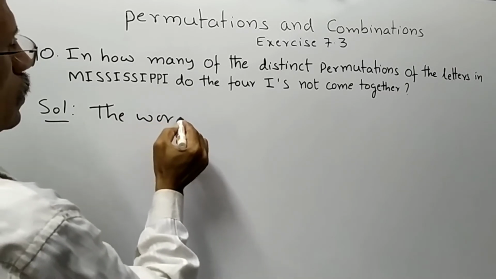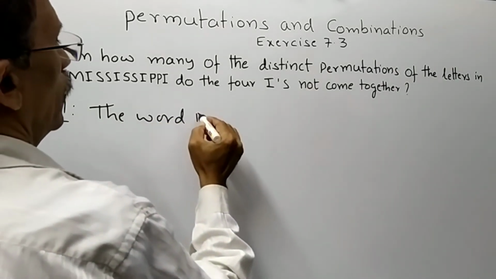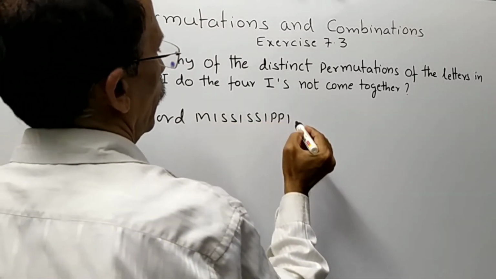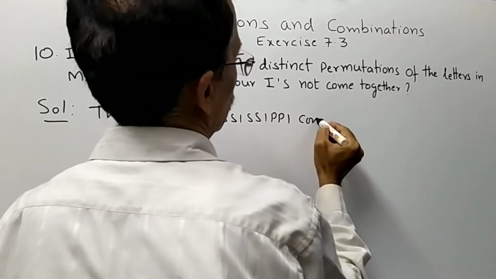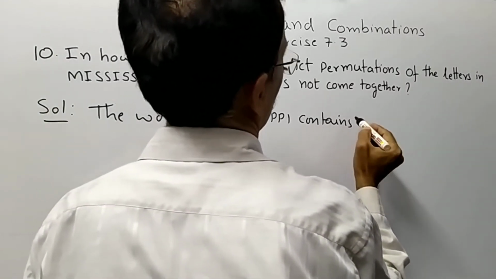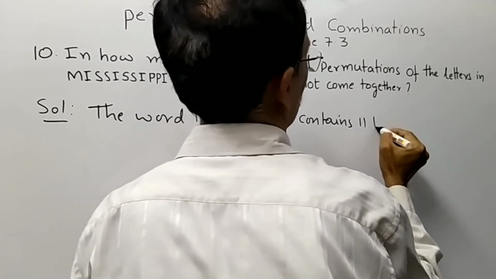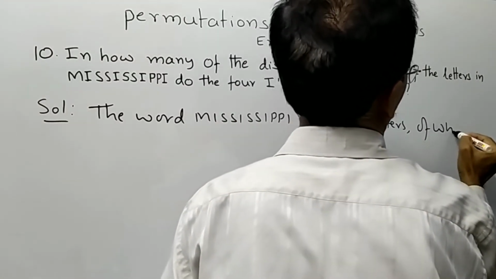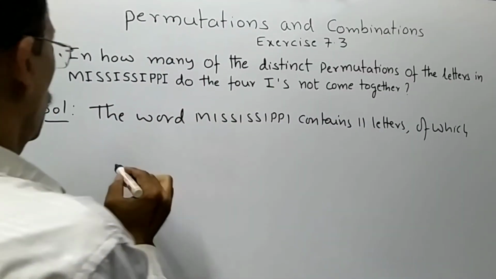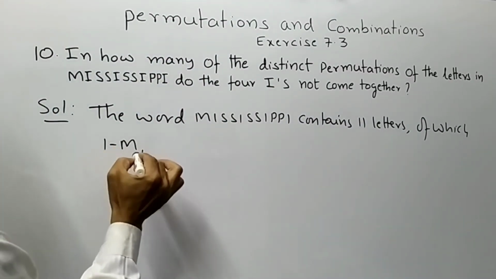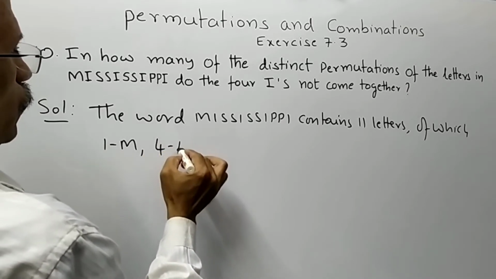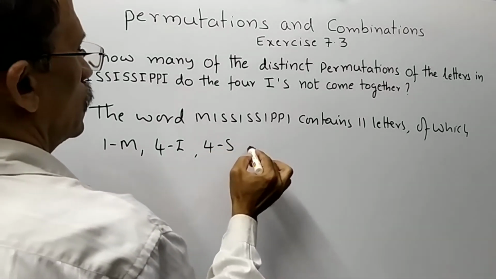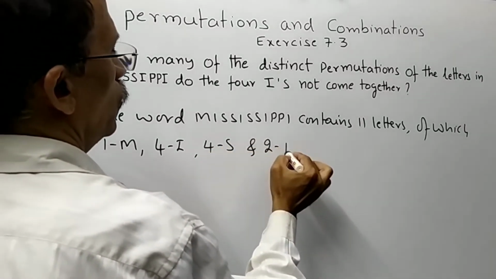The word Mississippi contains 11 letters, of which one M, four I's, four S, and two P.